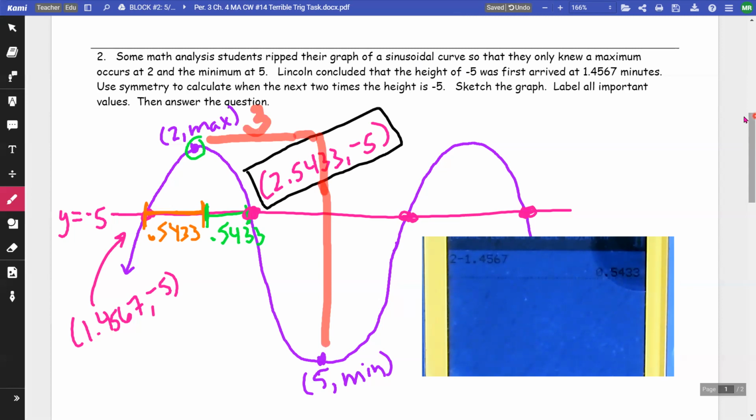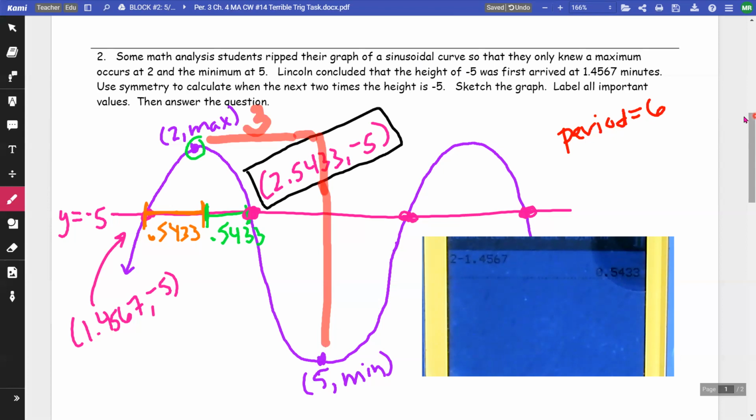So that's 3 away. So what that means is my period is going to be 6, because it's 3 to the minimum, which is going to be 3 more.